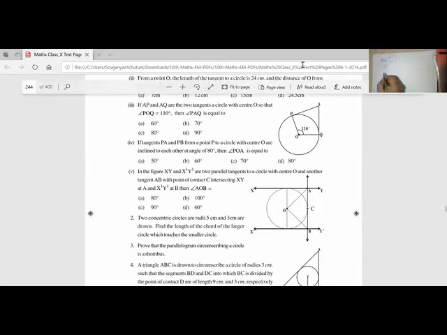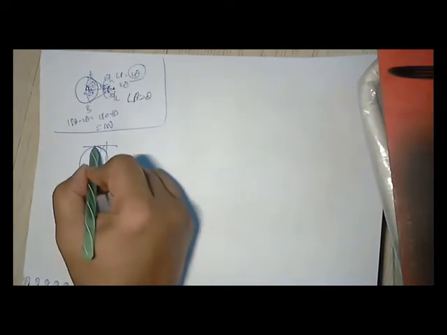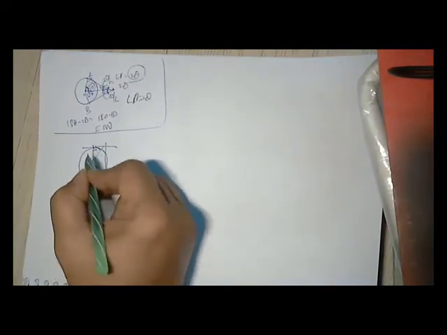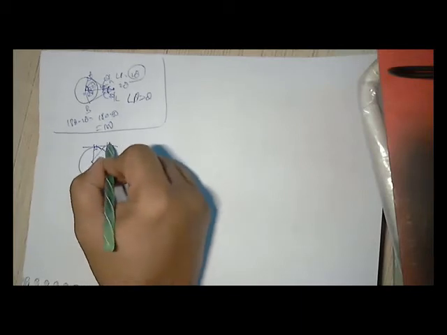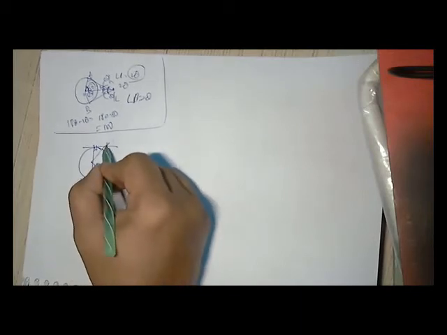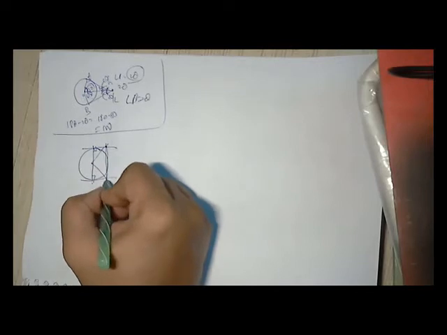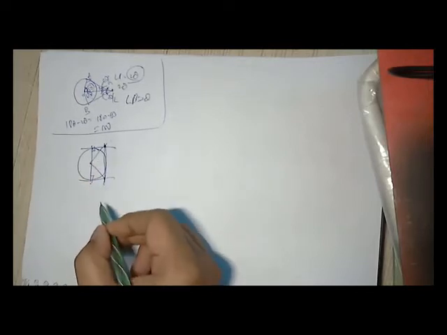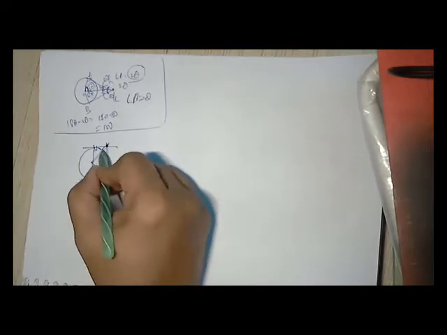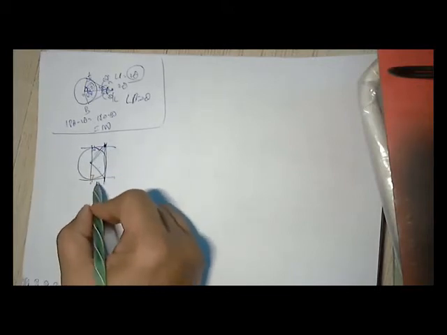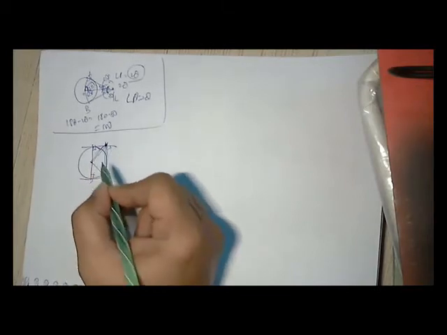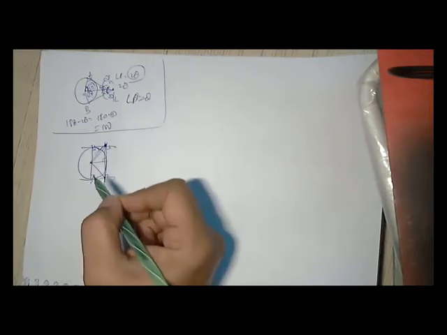Let us see. Two parallel means this is 90, this is 90. This is also 90, this is also 90, this is also 90.